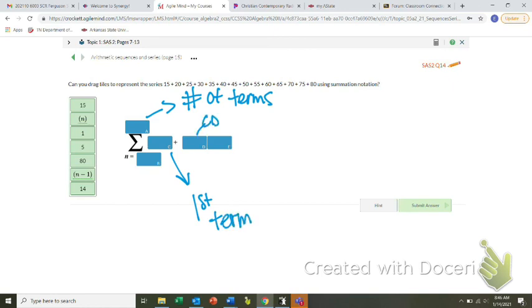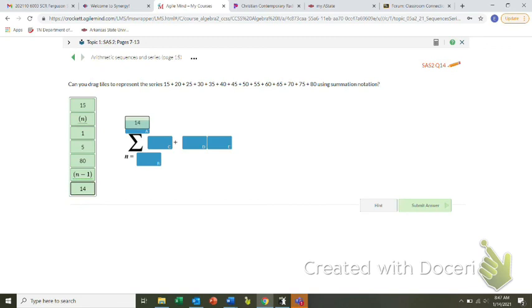Then you have the common difference, n minus 1. This right here more than likely will always be 1. Okay? So how many terms you got up top? 14. N equals 1. The first term is 15. The common difference, they are adding 5 every time. And minus 1.